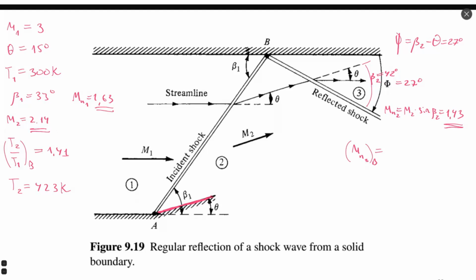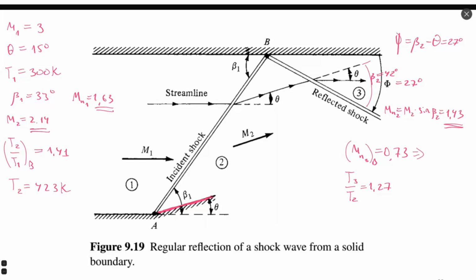I will calculate the Mach number and the temperature ratio. Mach number is 0.73. The temperature ratio T3 by T2 would be, let's see, 1.27. So 27% more than temperature 2.